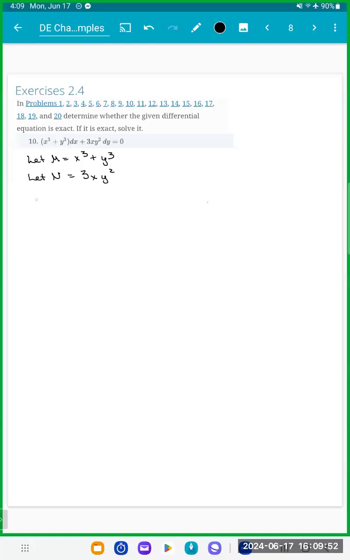Taking the partial derivative of M with respect to y gives me 3y squared. And when I take the partial derivative of N with respect to x, I get 3y squared. Again, I can see that my partial derivatives are equal. Therefore, the equation here is exact.